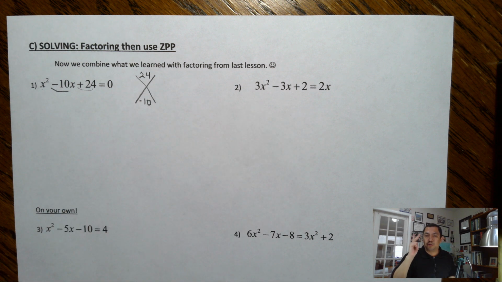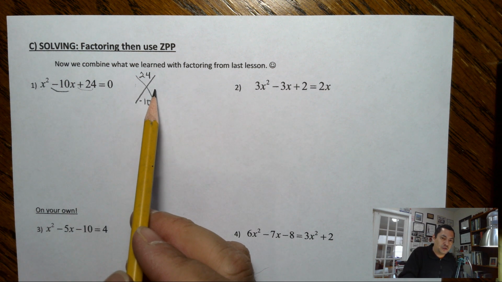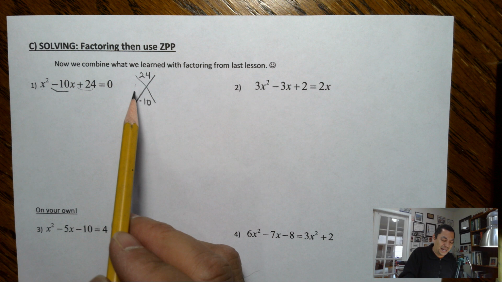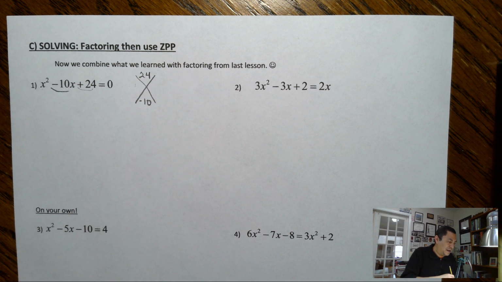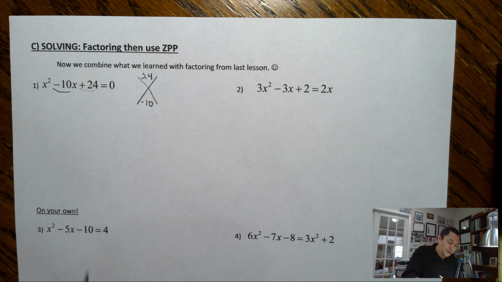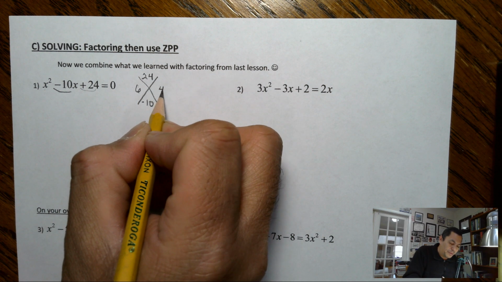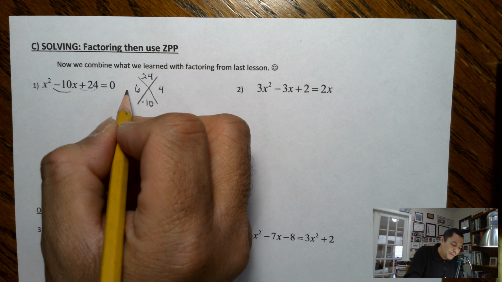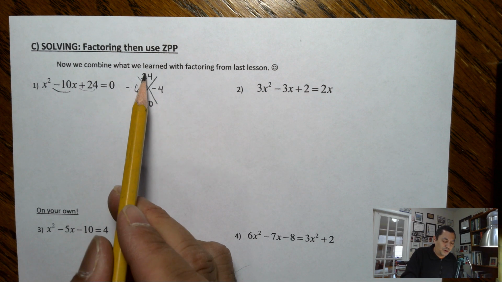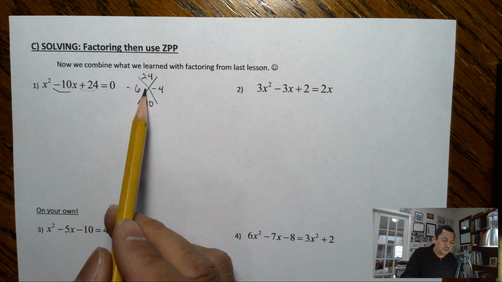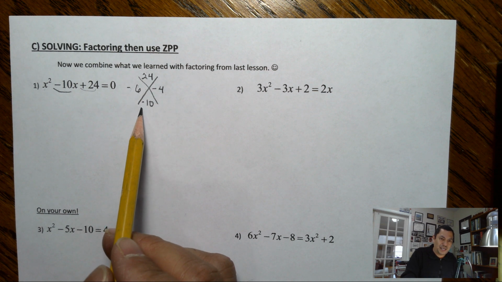I need two numbers that multiply to give me 24 and added give me negative 10. Those numbers are 6 and 4, but because this is negative 10, both are going to be negative. Negative 6 times negative 4 equals 24. Negative 6 plus negative 4 equals negative 10.